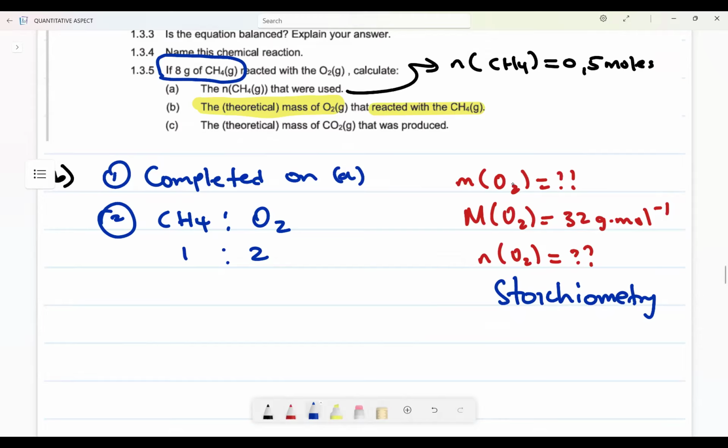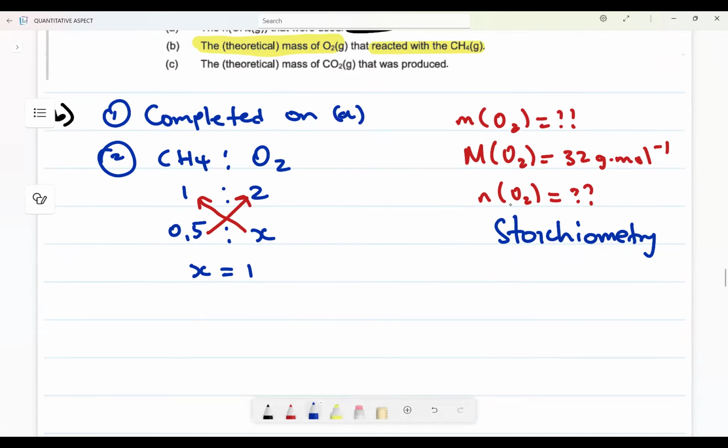What do I know about CH4? The number of moles of CH4 is 0.5. And of O2, I do not know. Then I need to calculate: x multiplied by 1 gives me x, then 0.5 multiplied by 2 gives me 1. But now, what is this x?